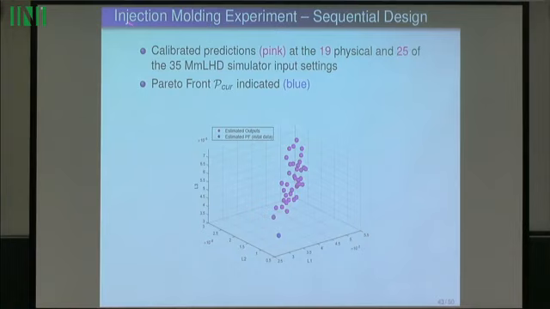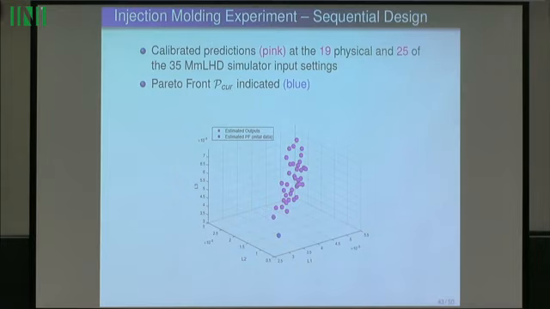These are the predicted means at the x's and t's that gave us these 19 physical and 25 simulator observations. So these are the predictions after adjusting for the bias. We're trying to minimize all three outputs here, and here we just got one minimizing solution down here.